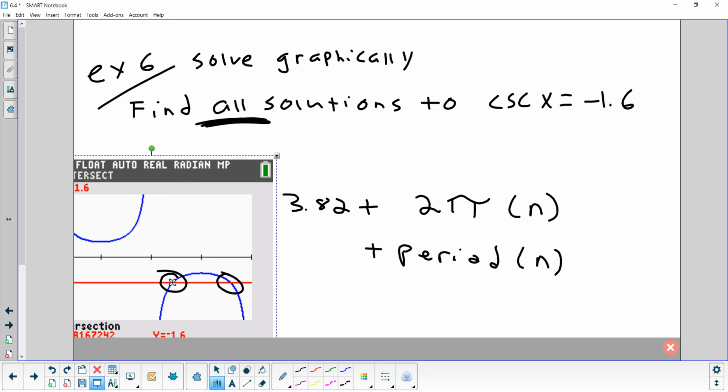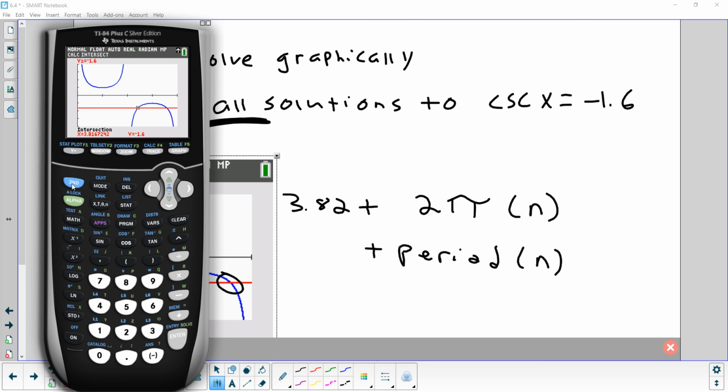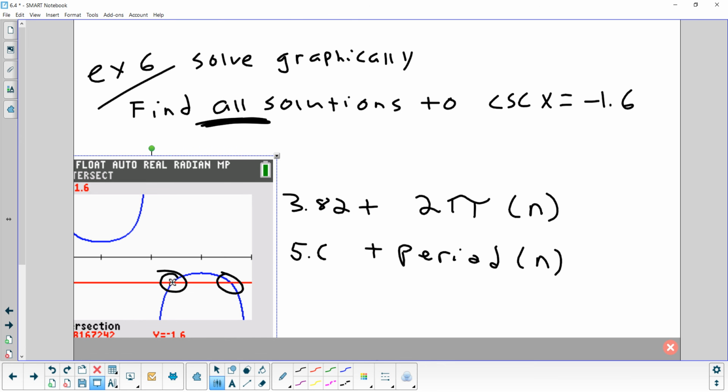Now we need to describe this one. Not just describe it, but describe it forever. So we're going to do second calc intersect, and we get 5.61. If that's all you wrote, 5.61, you haven't answered this question.